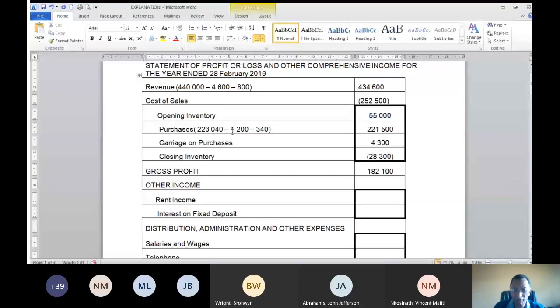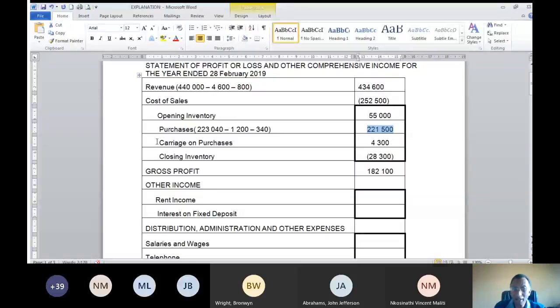For purchases, we are looking for net purchases. Net purchases is equal to the purchases minus purchases returns minus settlement discount received. And that will give you your net purchases of 221,500.